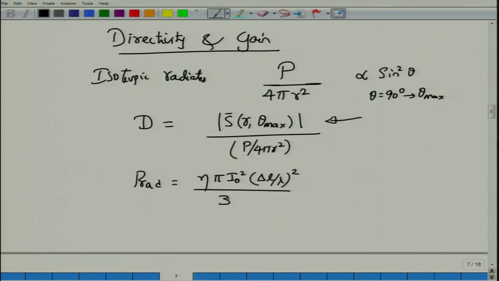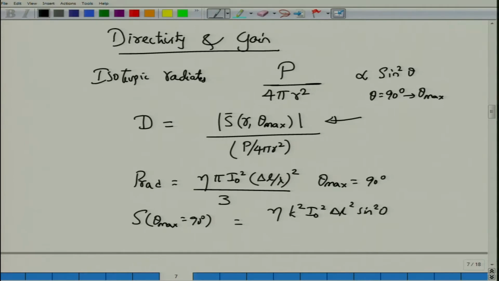So this is the radiated power, but we were looking for the power density S. The power density for the elementary dipole will be given by eta k square I0 square delta L square sin square theta divided by 32 pi square r square.